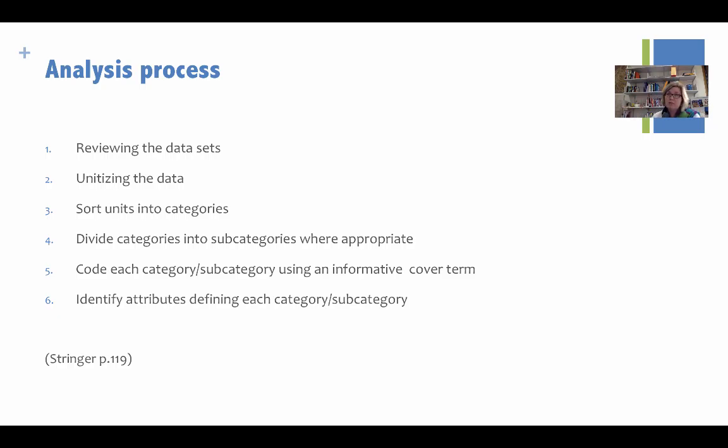If it's a quantitative approach, you're making sure that you're not missing bits of information, that you haven't got some weird responses that you're not going to be able to use. You then unitize it, and we're going to have a go at doing some of these things, sort it into categories, and we might divide that into subcategories where appropriate. That's mainly for a qualitative purpose.